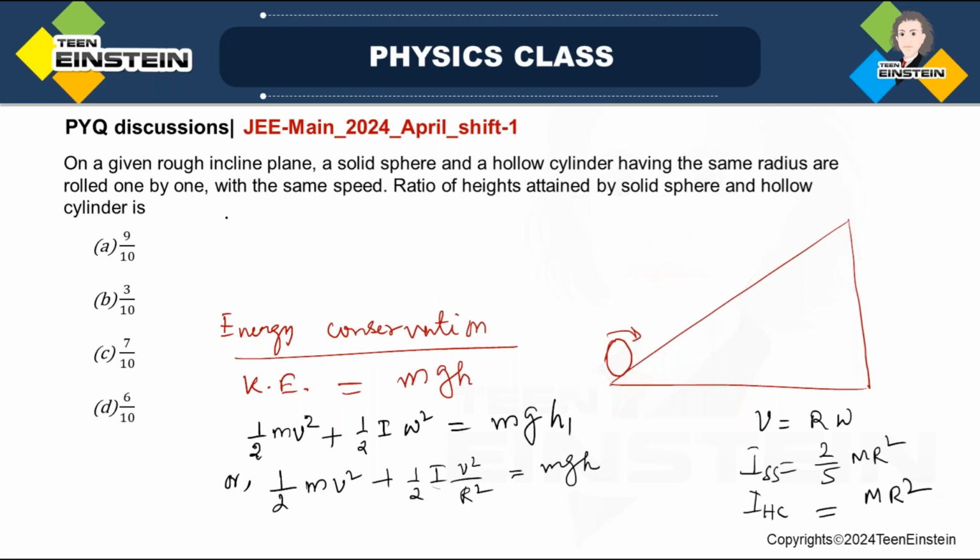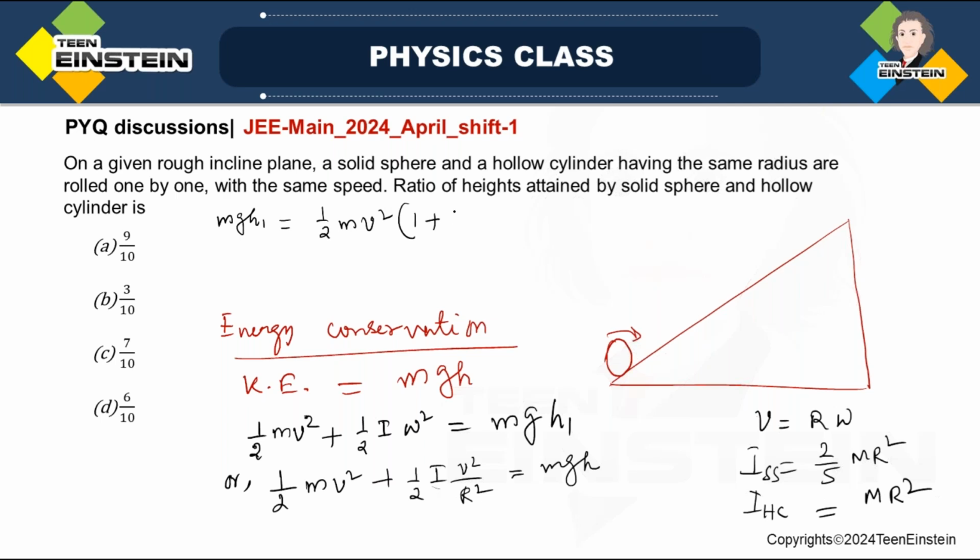I have got now, mgh1 is equal to half m v square, let us take that common, times 1 plus I by r square.